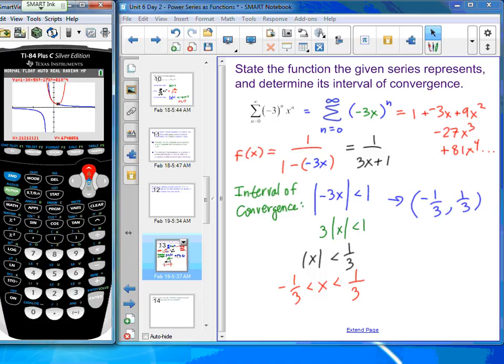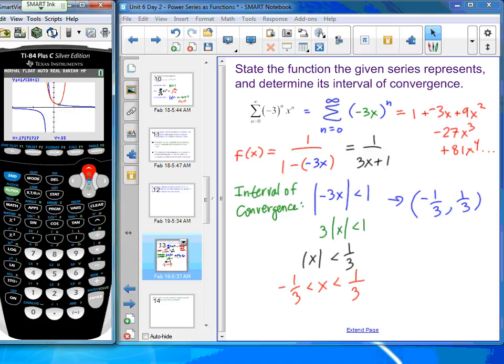And I only went to the 4th power, not the 6th power like in our original. So these are close values. But as we get closer to 1/3, that is 0.33, it gets less and less of an approximation.